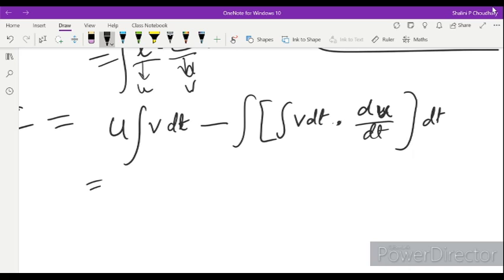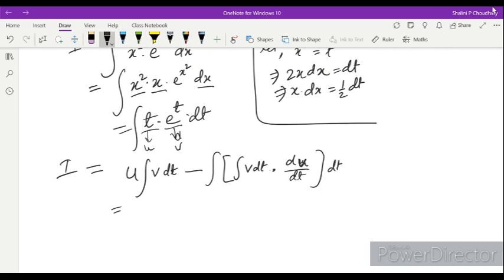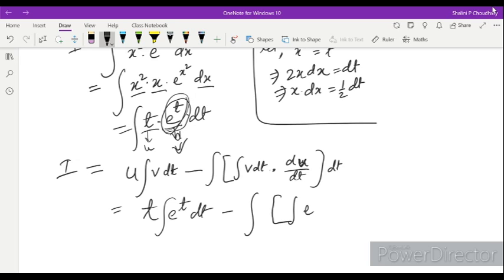So here, which one is u? We have taken t as u, so t will be written here, and e to the power t we have taken as v, so e to the power t dt, minus, v is e to the power t, so e to the power t dt multiplied by du upon dt.